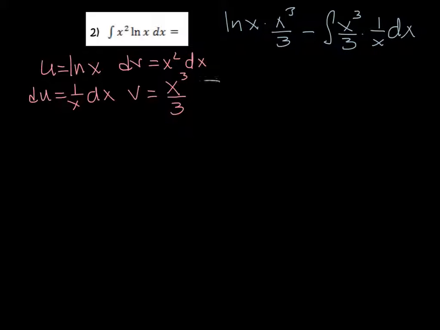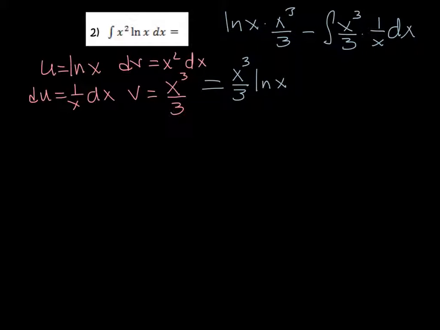For this integral, we're going to write x cubed over 3 times natural logarithm of x, in order to avoid the mistake of multiplying x cubed over 3 times x, because this is the argument of the natural logarithm. So we're going to write it like this.